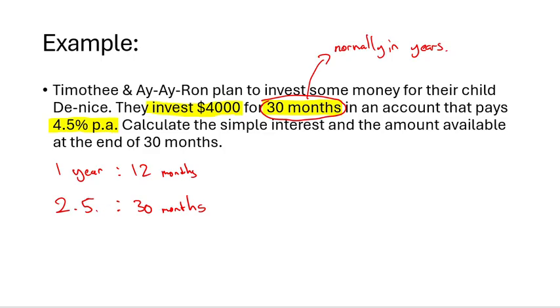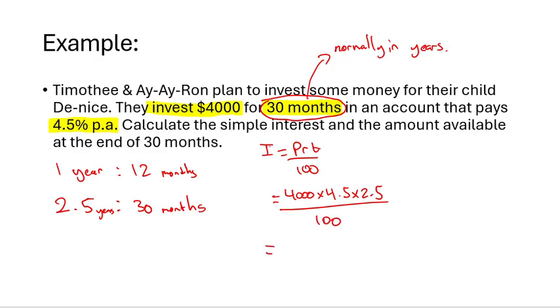Okay, just like that. So now that we've fixed our time, our t value, we can now just work how we normally do. So we can now go I equals PRT over 100, which equals 4,000 times 4.5 times 2.5 divided by 100 there.